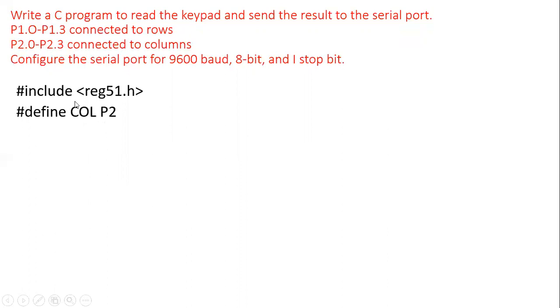We call port P2 by the name COL, capital COL. Similarly, we use port P1 for row. So we call port P2 as COL and P1 as ROW in caps.